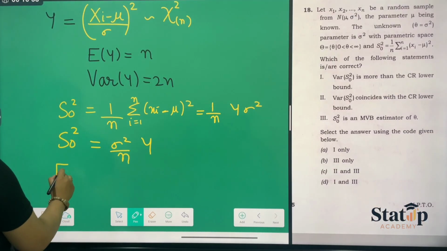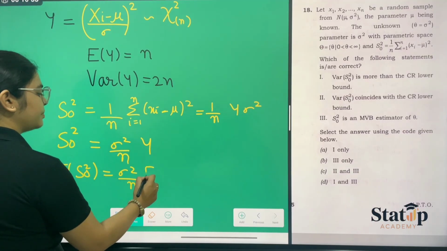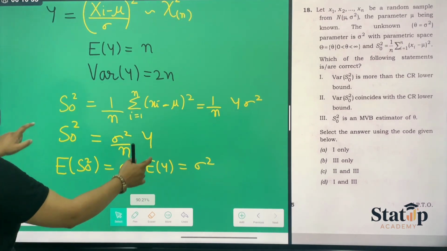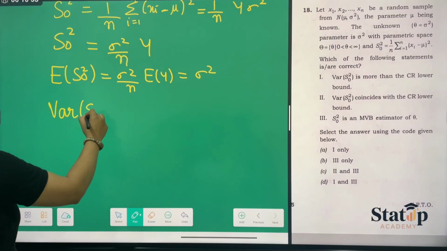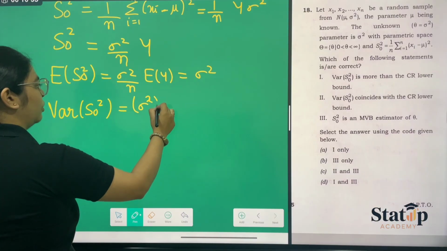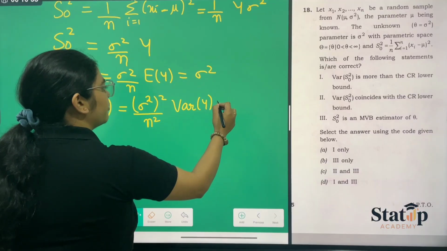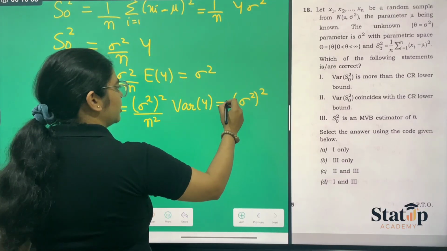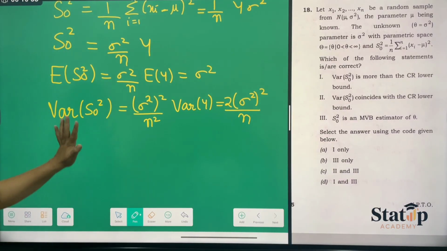If we take the expectation of this, the expectation of s naught square will be equal to sigma square by n times the expectation of y, which will be equal to sigma square. And if we take the variance of s naught square, it will be equal to (sigma square) whole square upon n square times the variance of y, which will be equal to (sigma square) whole square times 2 upon n, because we have put the variance of y equal to 2n.